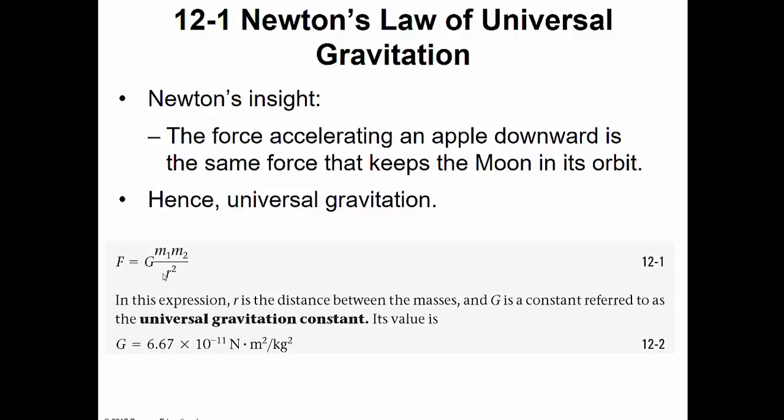So that means that if you double the distance between you and somebody that you're sitting next to, instead of the force of attraction between you being half as much, it's 1/2 squared as much, or 1/4 as much. And if you triple the distance between you and your friend, then the force of attraction between you is not 1/3 as much, but 1/9 as much.